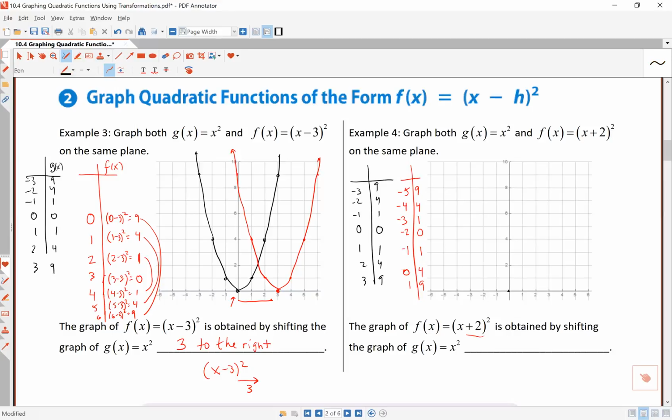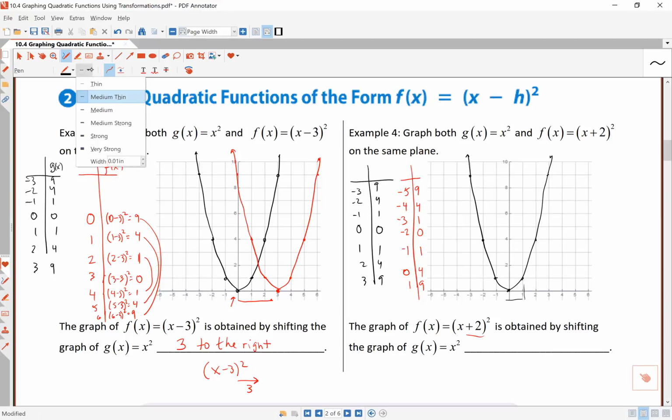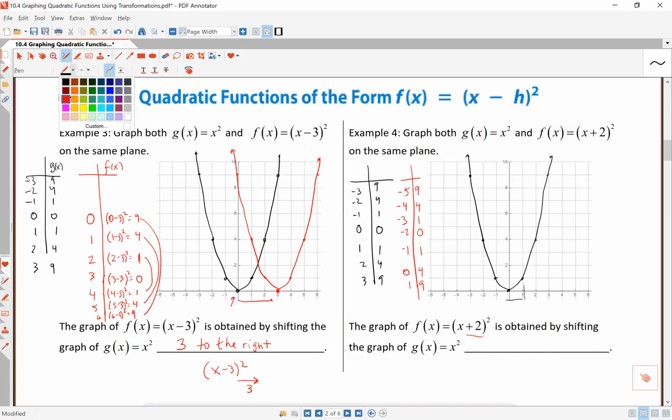So we graph y equals x squared first, so we can compare what f of x has done. So remember, these parabolas go over 1 and up 1, over 2 up 4, over 3 up 9. Left 1 up 1, left 2 up 4, and left 3 up 9. Now our new graph is going to do the exact same thing, but just shifted to a different spot in the plane.